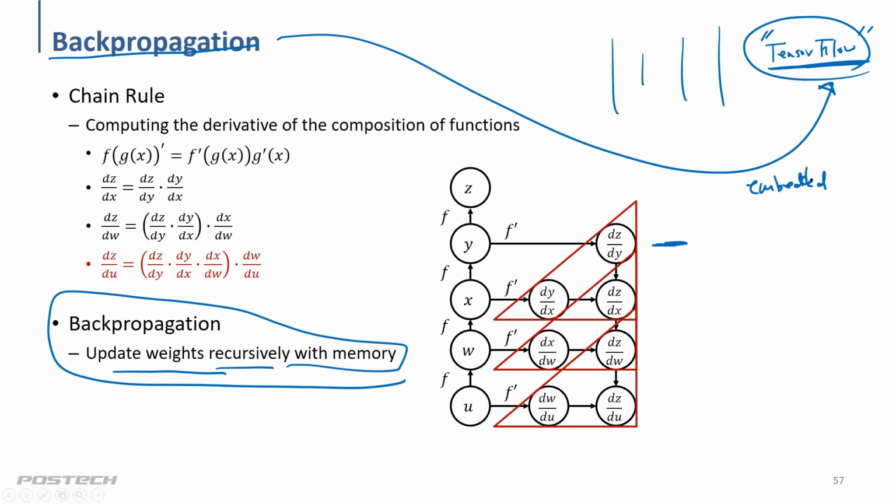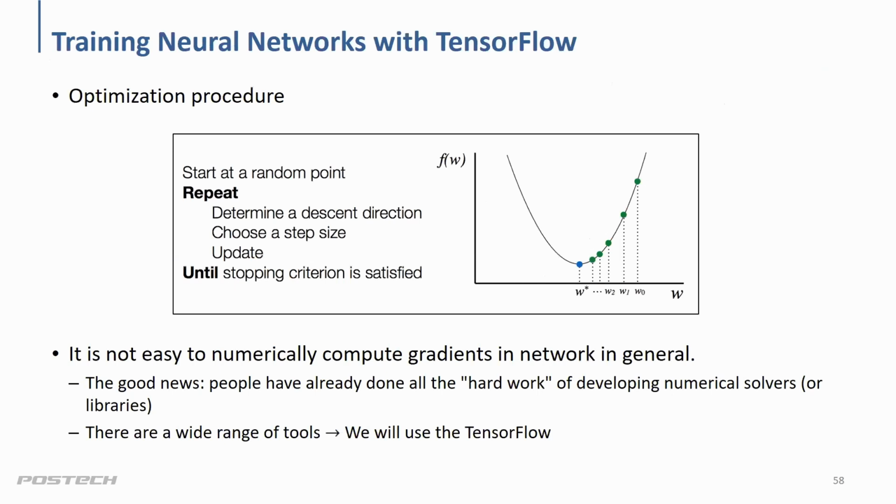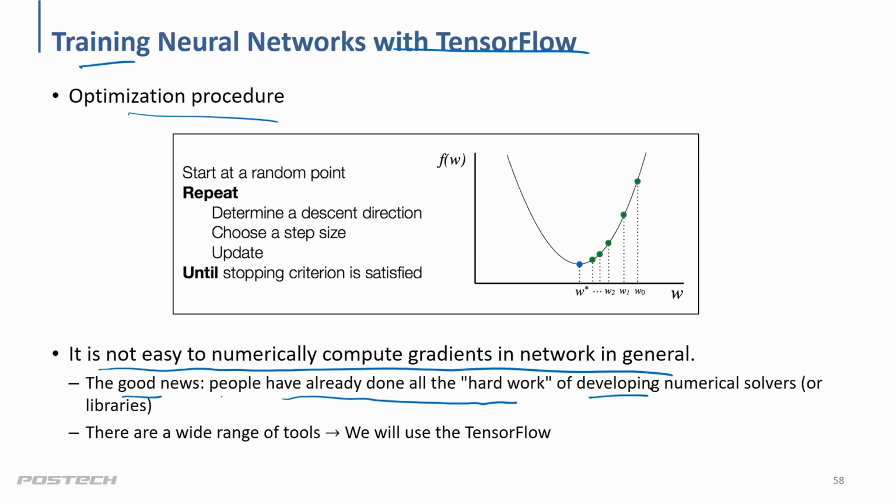Now we're going to train with TensorFlow. It's an optimization process, same as this gradient descent. And it's not easy to numerically compute all the gradients in a neural net in general, but the good thing is that a lot of researchers have already done the hard work of developing numerical solvers or libraries. So there is a wide range of tools, but we're going to use TensorFlow.